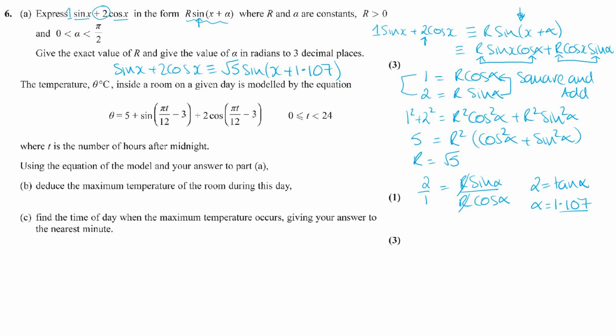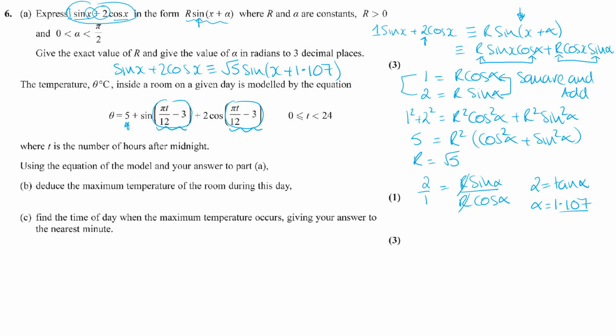Now in part B, we're going to be using this given equation because it's similar to what's being used to model the temperature inside a room. The temperature, theta degrees C, is 5 plus 1 sine of this angle plus 2 cos of the same angle. So that's of the form that we've just been looking at, apart from x is all of this angle there and there.